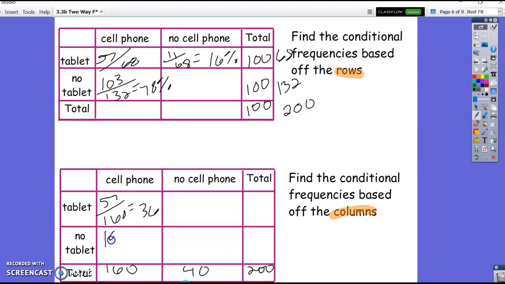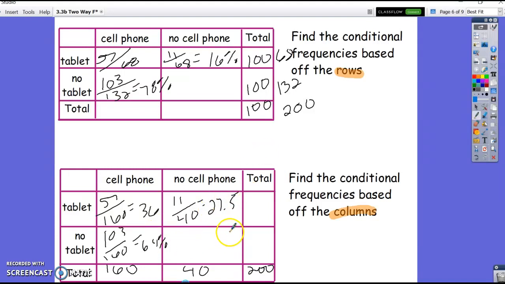Well, we've got 103 divided by 160, leaves us with 64%. Okay, notice how 36 and 64 would add up to be 100%. Let's try one more. 11 divided by that column total of 40 will leave us with 27.5%.